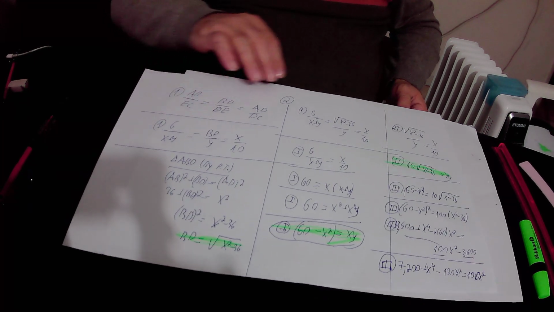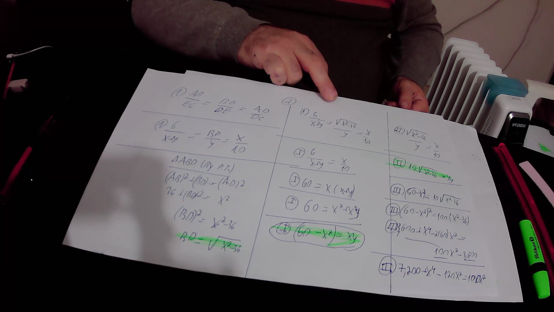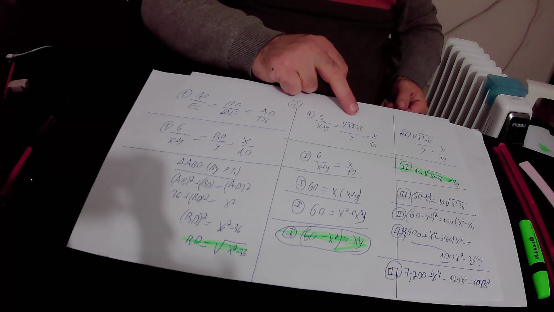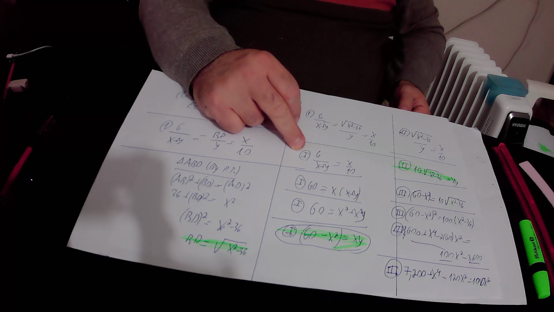Then from this long equation we created two different equations. The first equation is that 6 over y is equal to the square root of x squared minus 36 over y. Here we cross multiply and we got that 6 times 10 is 60, and 60 equals x times x plus y.